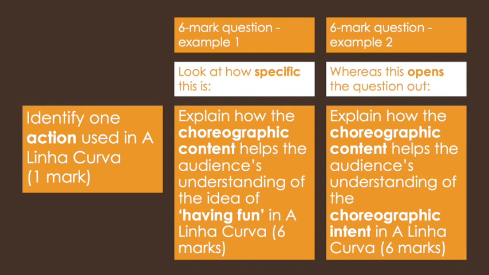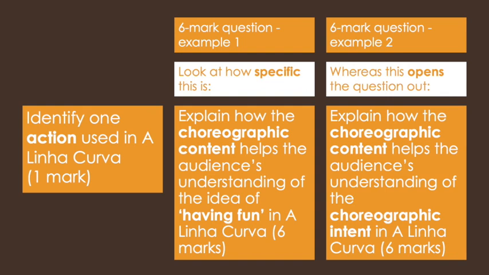The second example of a 6-mark question asks you to explain how the choreographic content helps the audience's understanding of the choreographic intent in a linear curve. This example opens the question out as you are able to talk about any of the choreographic intentions in the work.